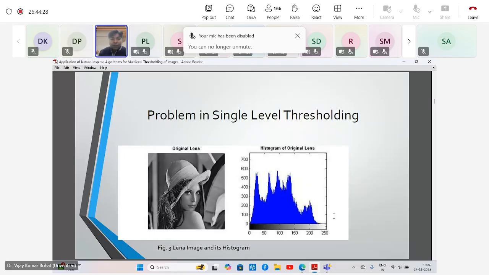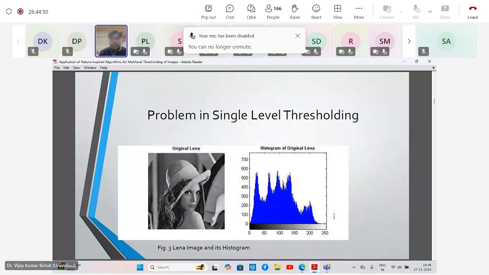In such cases, we need multi-level thresholding of the image. With the help of a single threshold, we're not able to segment the image. We need to divide the image into multiple classes. Currently, the histogram has multi-modalities.